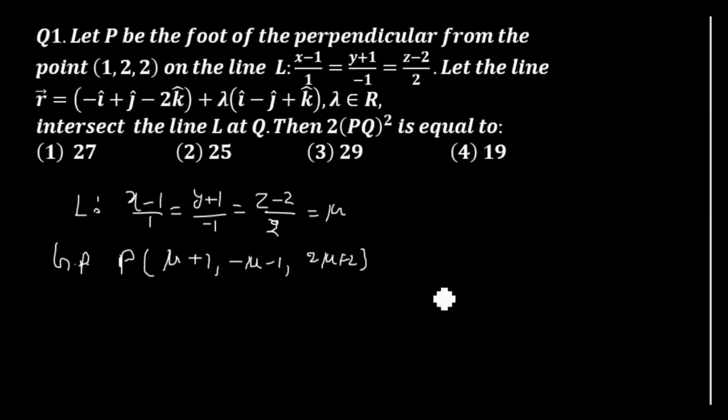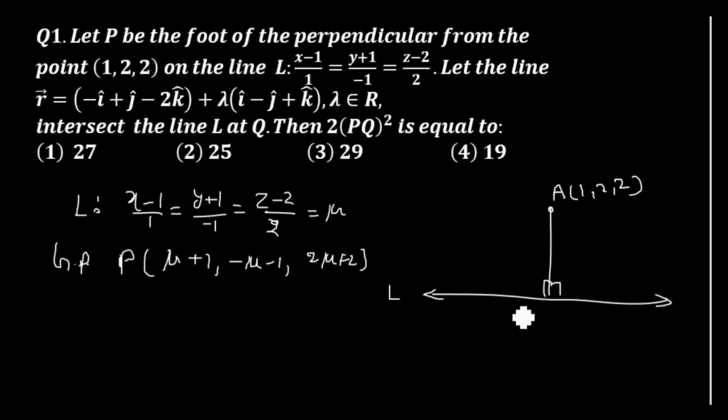Okay, so just I draw the graph here, a rough diagram. So this is the point, let A have coordinates 1, 2, 2, and the foot of perpendicular from this point to the line L, say this be P. So now what I will do here is write the direction ratios.